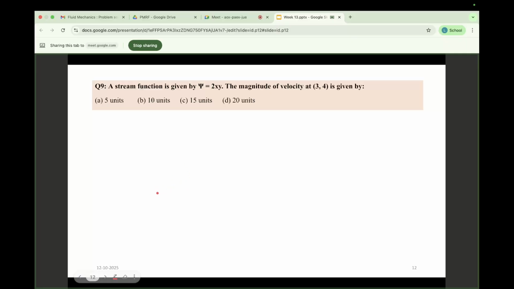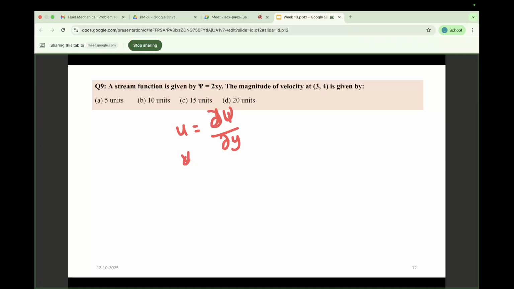So what is a stream function? For an incompressible flow, say for 2D, xy is given, that means it's 2D. So for a given stream function, you can find out the u component and v component. The u component is the partial derivative of the stream function with respect to y.